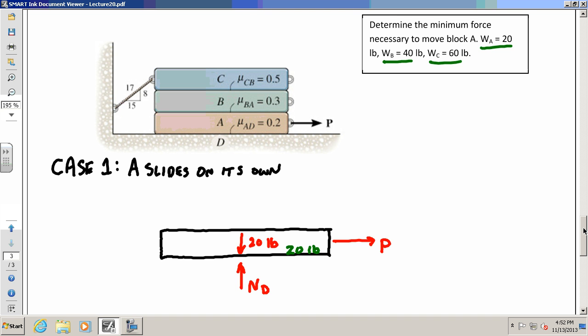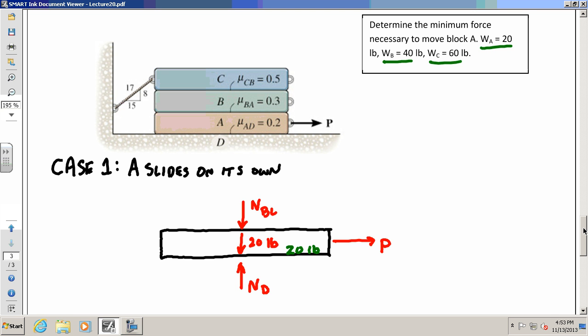And what else is going on? C and B are pushing down. Now, be careful here. I'm going to call this one NBC, because you might think, well, hold on, the weight of B is 40 pounds and the weight of C is 60 pounds. Isn't that just 100 pounds pushing down? Why is that not true?